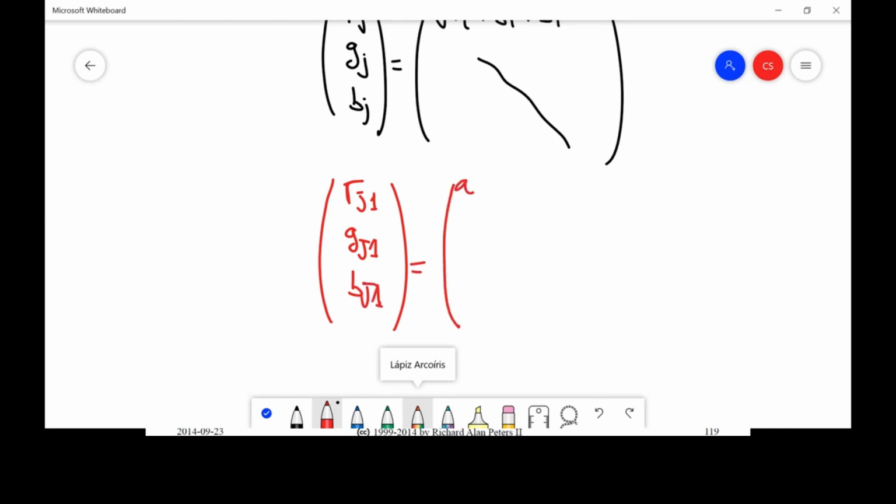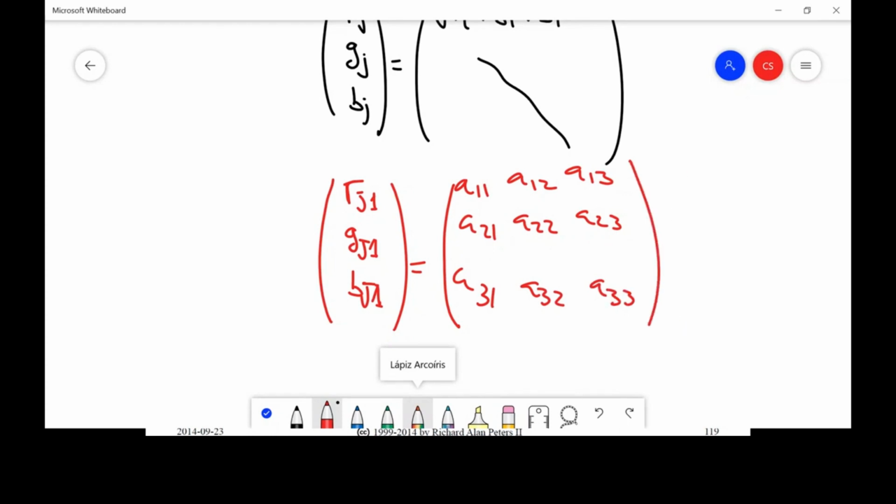And I have to find a matrix with entries A11, A12, A13, A21, A22, A23, A31, A32, A33, such that when I multiply by the old color, which is R I1, G I1 and B I1, I recover this one. So I want to transform this color in I to this color in J.